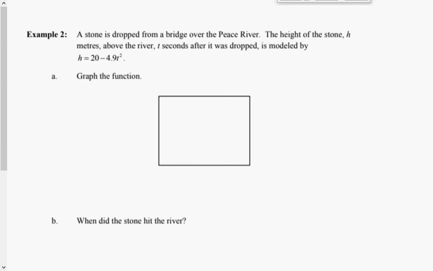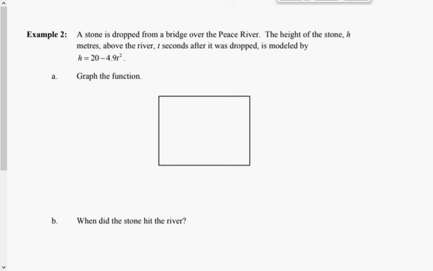But for now, easy peasy. All right, so a stone is dropped from a bridge over the Peace River. The height of the stone, h meters, above the river t seconds after it was dropped is modeled by height equals 20 minus 4.9 t squared. All right, so what we want to do is graph this function.